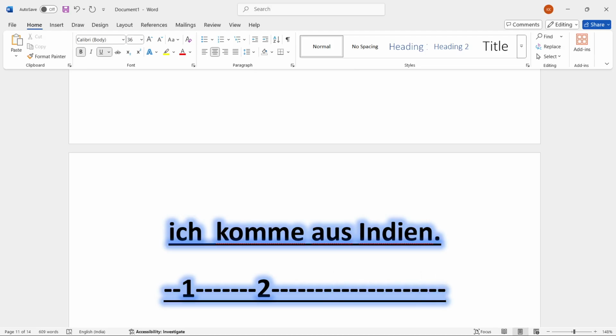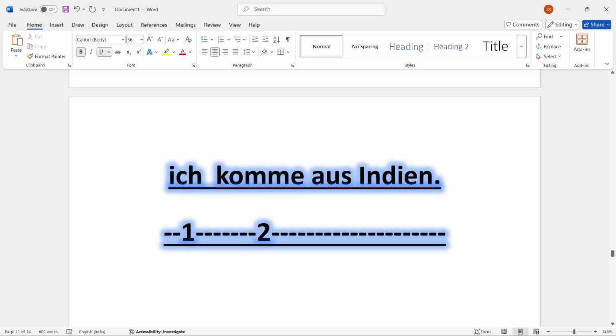Okay. One more thing: how to ask a question with the verb. You already know that if we want a ja nein Frage, if we want a yes or no question, then we can start with the verb.